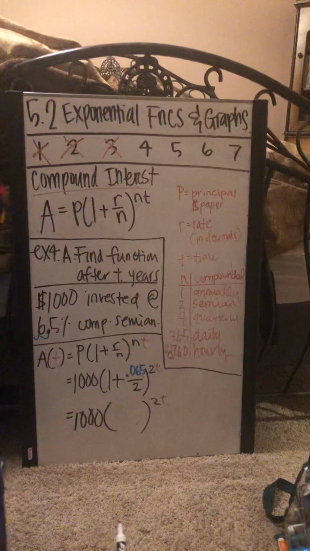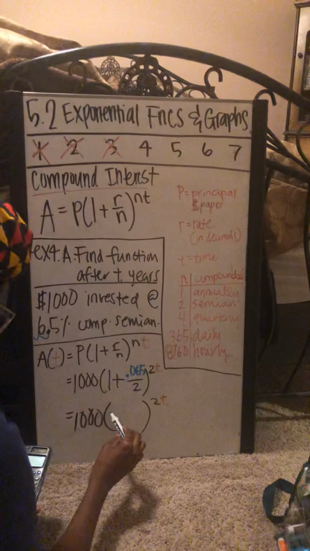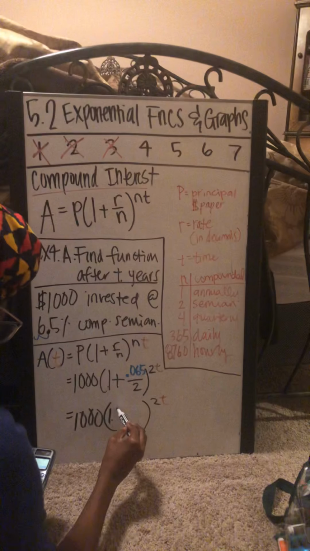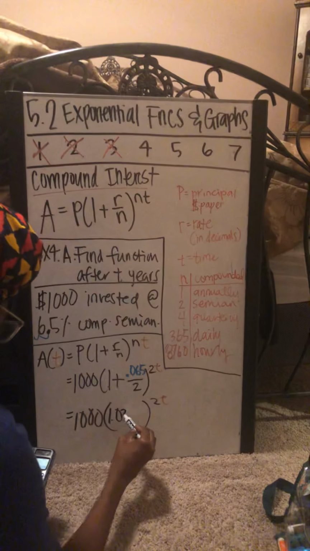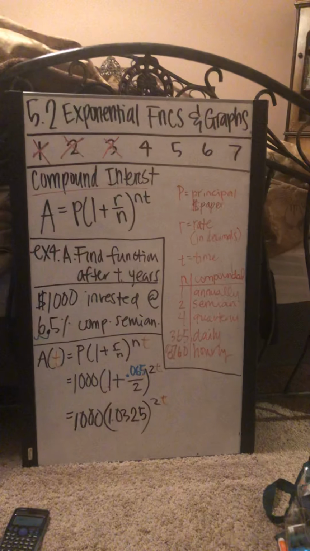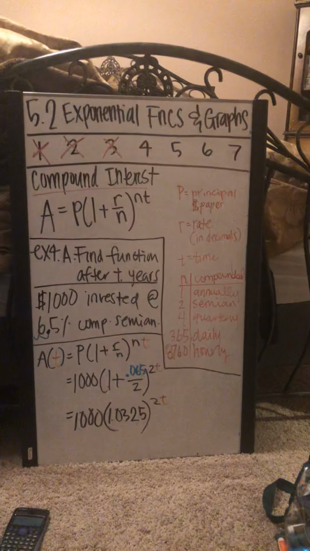So here you could write it as a fraction, I think, but if you need to hit the SD button and write it as a decimal, you can do that, okay? However the homework asks you to write it. So that would be the answer for A. Alrighty, so 1,000 times 1.0325 raised to the 2t.